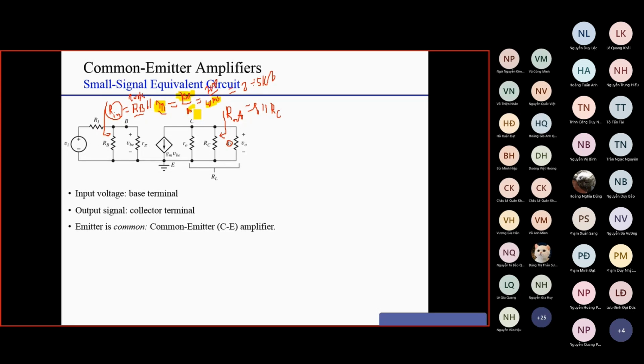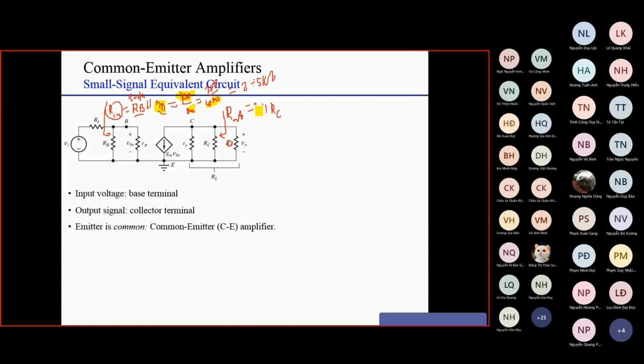So you have many ways to control the parameters of the amplifier by controlling the internal parameter, that means by selecting the transistor to have the beta 0 that you want. And if beta 0 is given, you have another freedom to control R pi, by controlling the current IC, or by a sink circuit.